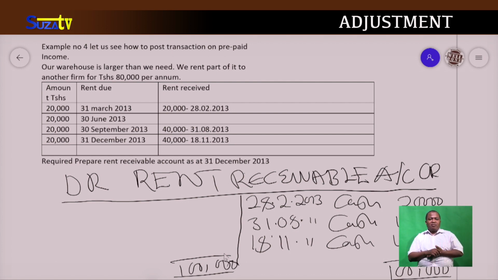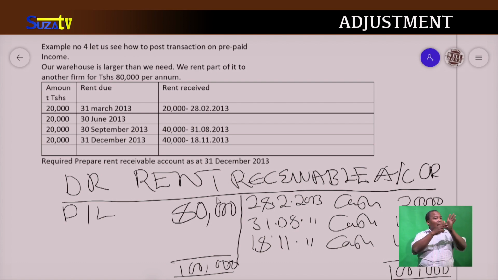The amount to be received per year should be recorded on the debit side, P and L, 80,000. Take 100,000 minus 80,000.